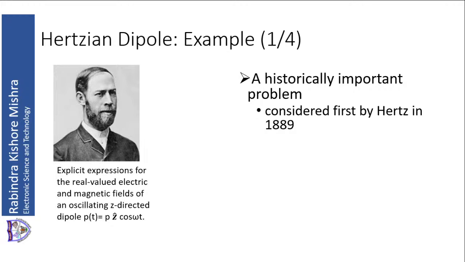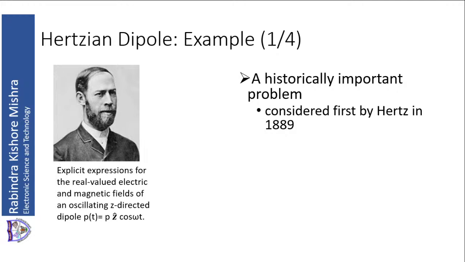The existence was predicted by Maxwell, but he could not prove that electromagnetic fields actually exist, that they are a wave phenomenon and they are propagating.